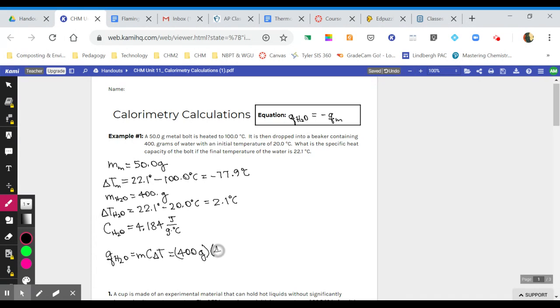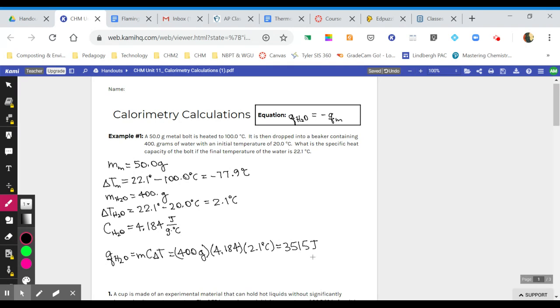The specific heat capacity is 4.184. And the change in temperature of the water is 2.1 degrees Celsius. So when I multiply all of those together, I end up with 3,515 joules about. I've rounded that off just for the sake of brevity.